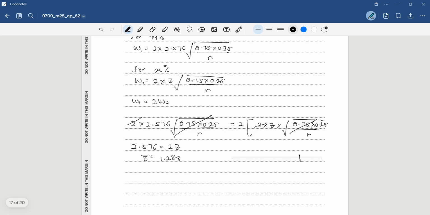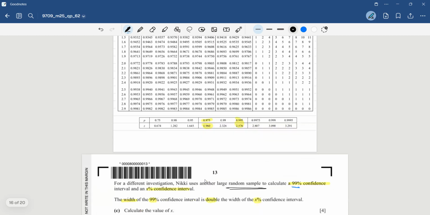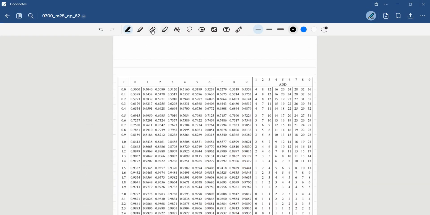Okay, and remember this one is actually here, 1.288. So we go back to the table, we look for 1.288, right? Yeah, 1.288. So it will be 0.8997 plus 0.0015.